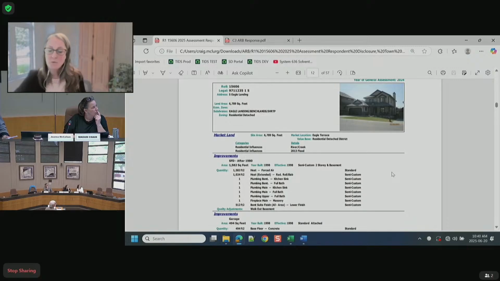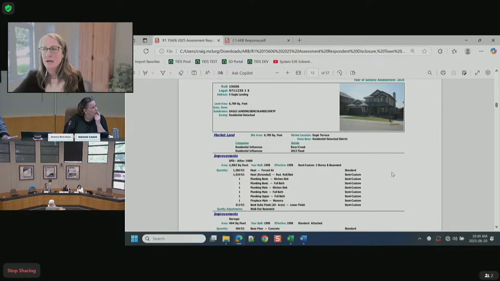Yeah, so a lot of times, well, actually, all the time, we are audited by the provincial government. All of our assessments must meet the legislated ratio statistics, which means that the overall assessments for the strata fall between 95 and 105% of the sale prices.